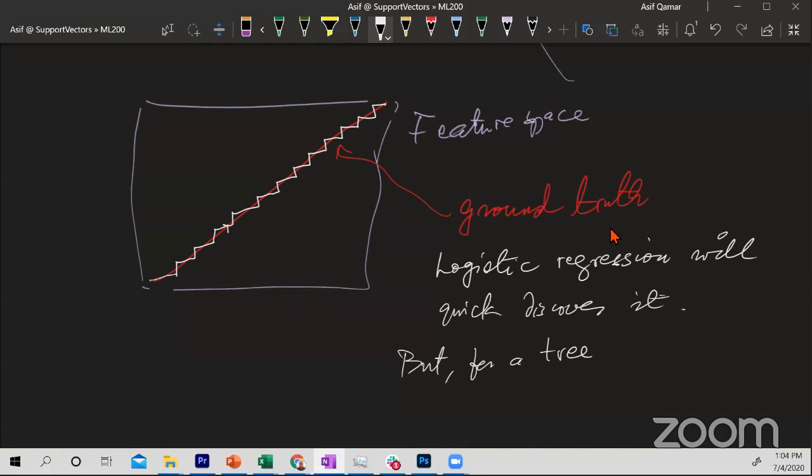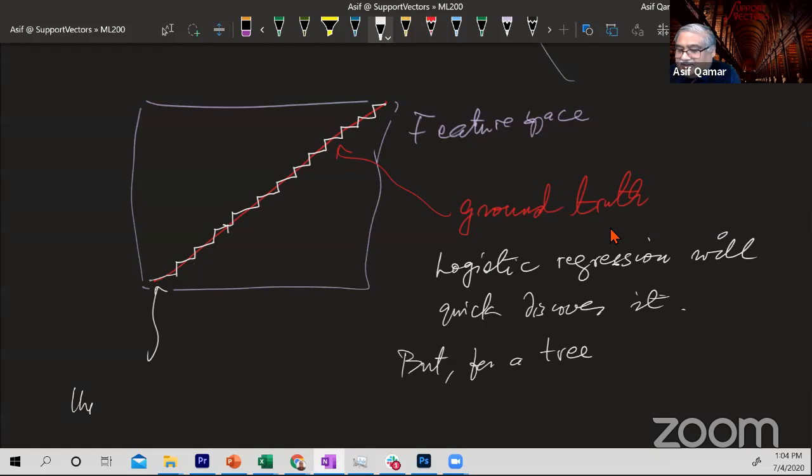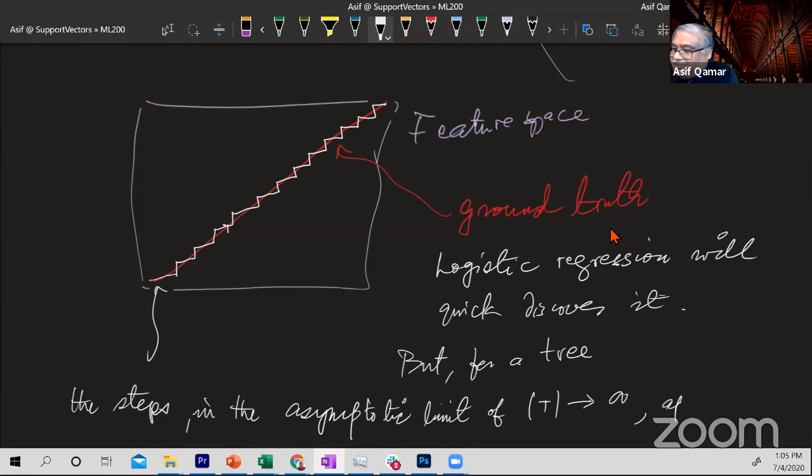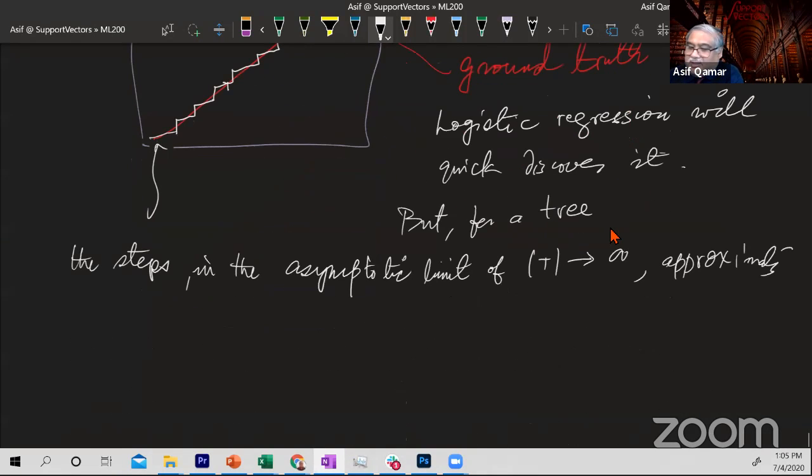So what happens is, if you increase the number of regions, the splits, then there will be more and more, tinier and tinier steps, and they will gradually approximate the red line, right? So the steps, in the limit, approximate the line, the true decision boundary.